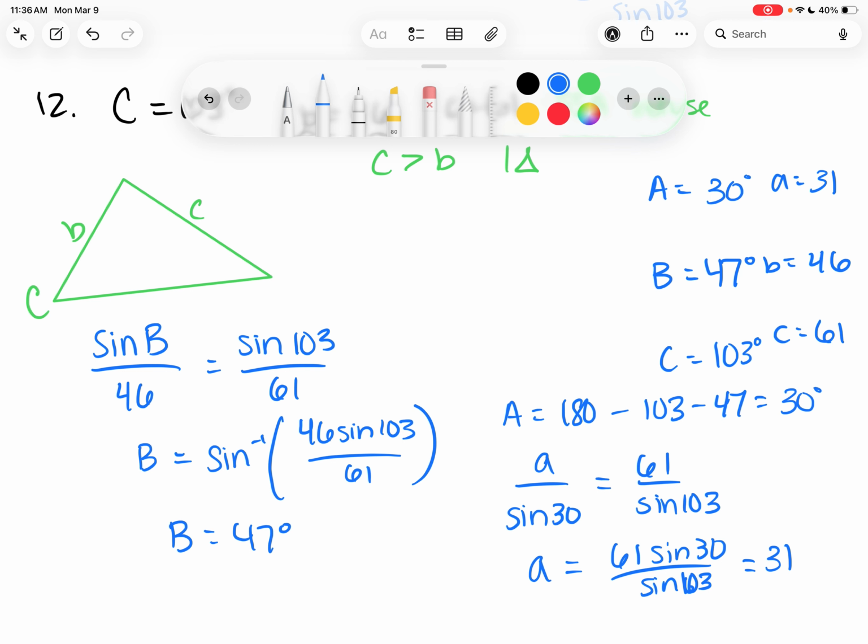Are these just units, or are we given like a special? These do not give us units. It's possible our book last year did give us units, and we were putting units on there for the side lengths, but the only ones that I can think of that possibly gave us units were the area problems, which I need to look to make sure I'm not missing something. Last year, in our Algebra 2 book, when we did the law of sines, there were area problems that went with law of sines because it used sine, and then there were area problems, Heron's area, that went with law of cosines because it was for a side problem.